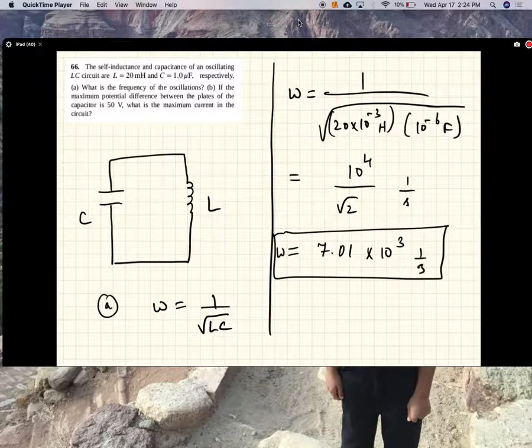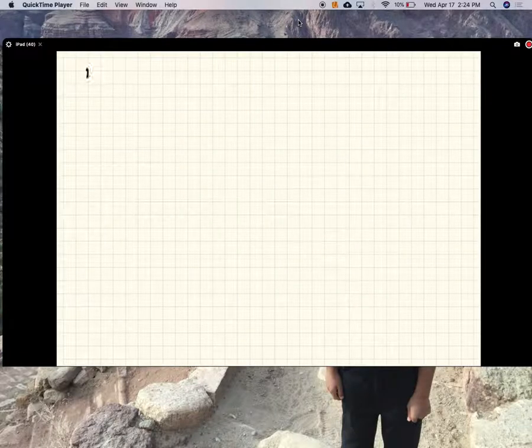So the charge on the capacitor varies like so: Q max cosine omega t or sine omega t, it doesn't matter. And they give you the maximum voltage.